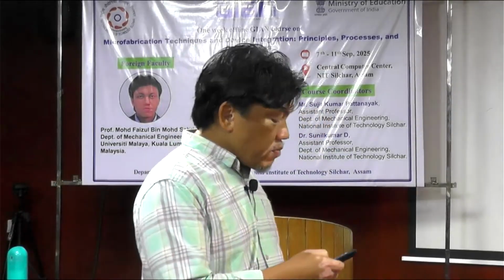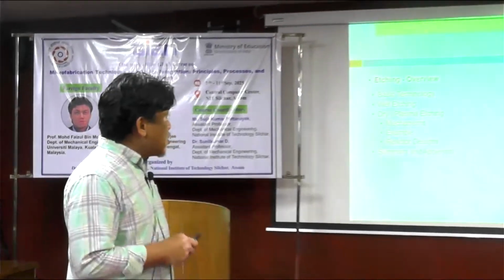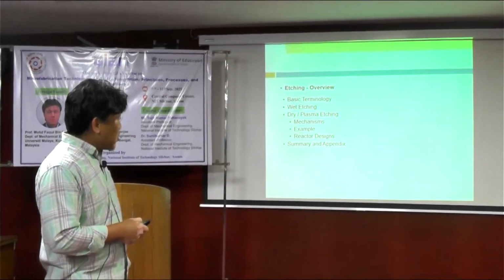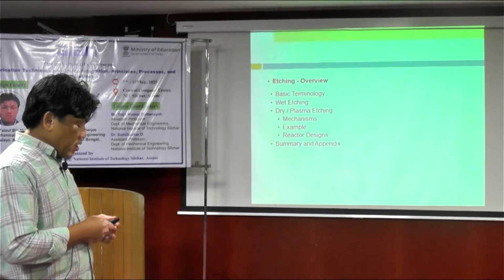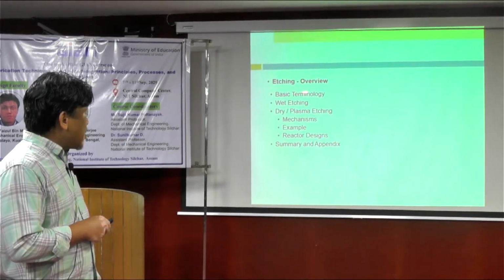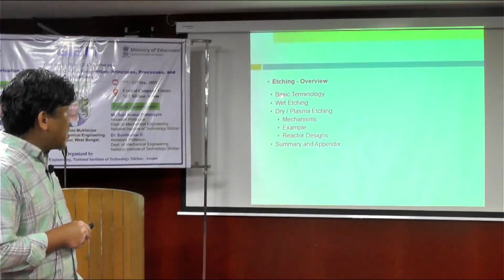For example, that is the most common process in terms of removing the materials from a silicon substrate or any other substrate of the device. So what we're going to look at today is the etching overview and some basic terminology.